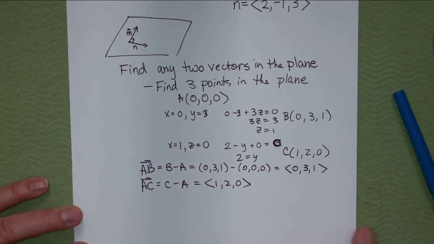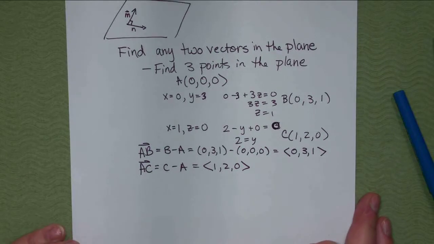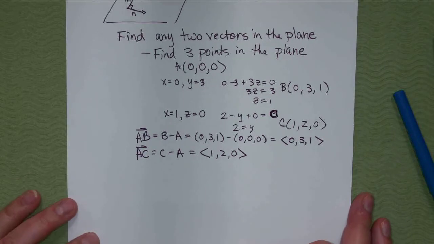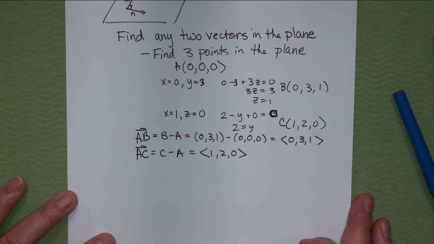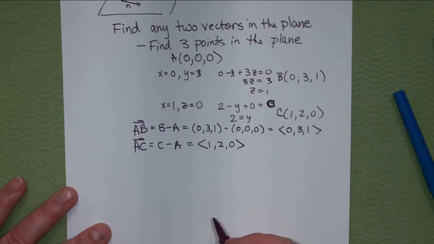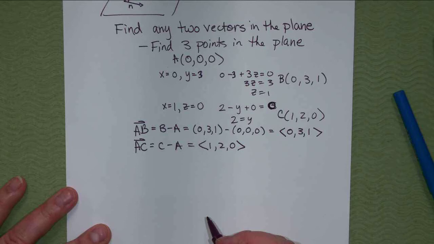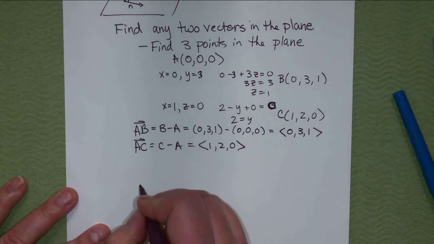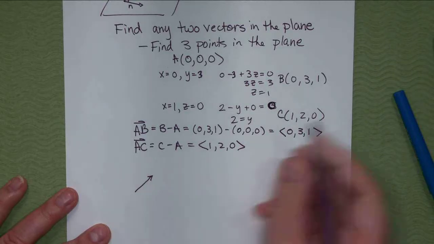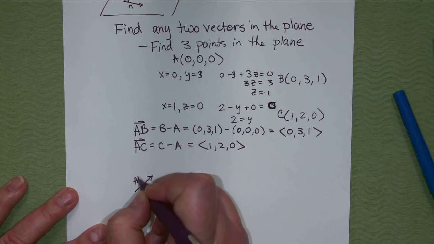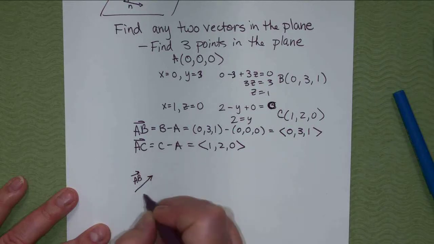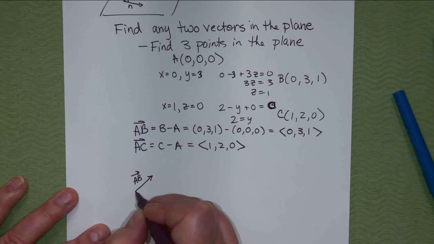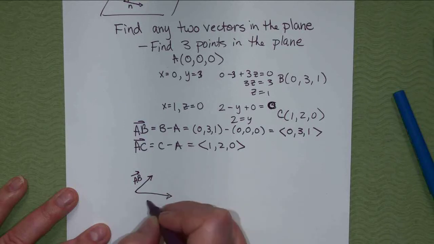Okay. So what might we do? What we have now is a vector AB and a vector AC. I'll just draw it longer because it's easier to see.